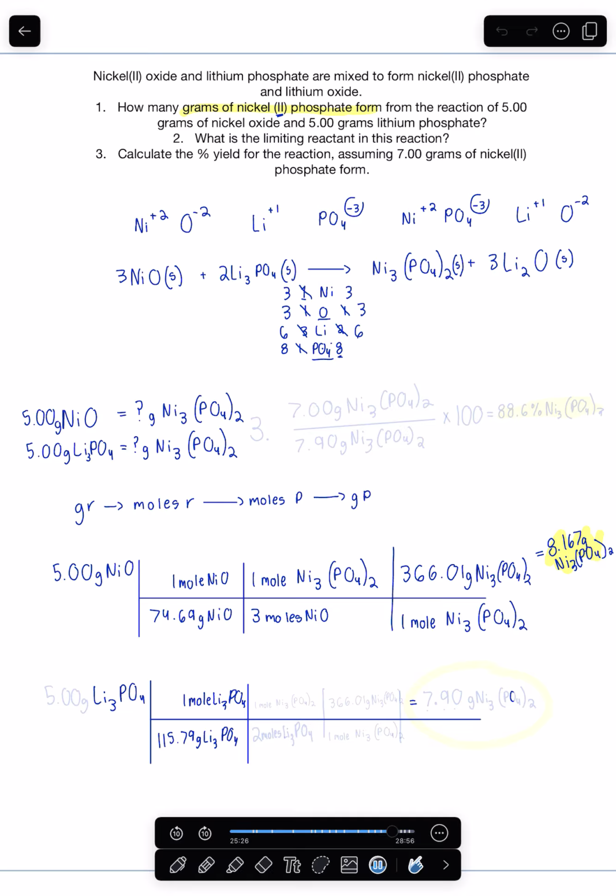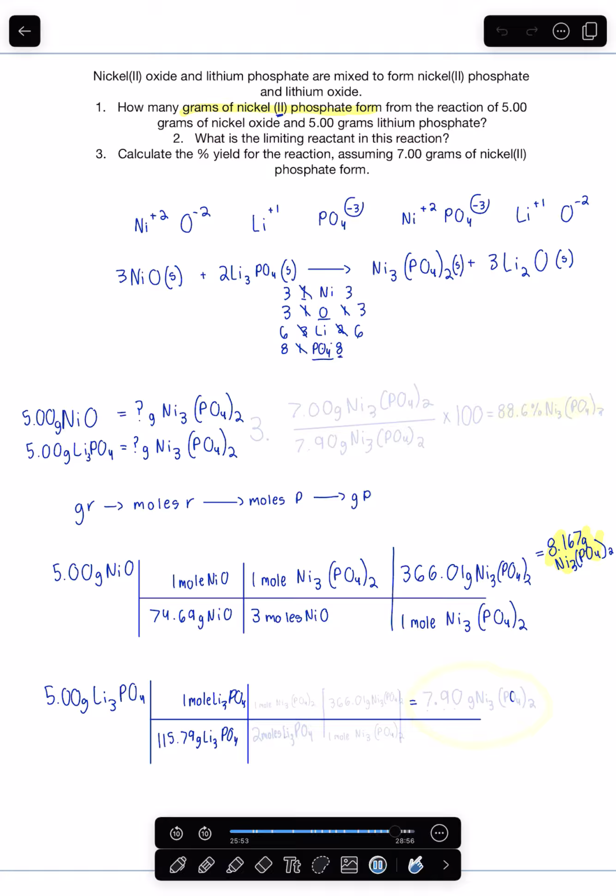So I am going to go ahead and set up our next problem as well. Okay, so I just quickly calculated the molar mass of the lithium phosphate. And now we're going to refer back to our balanced chemical equation to get this into moles of nickel phosphate.